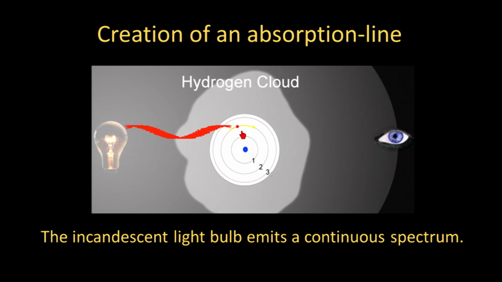Instead, the atom will take the red photons, absorb them, and cause the electron to jump an energy level. So notice the red came in, the red was absorbed, and the electron jumped to a higher energy level. And the red, consequently, never makes it to your eye. So in reality, certain colors are ignored and certain colors are absorbed.